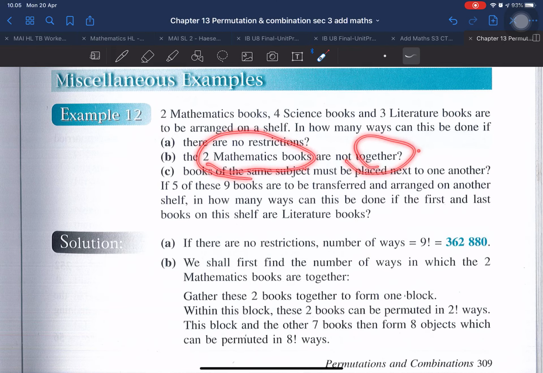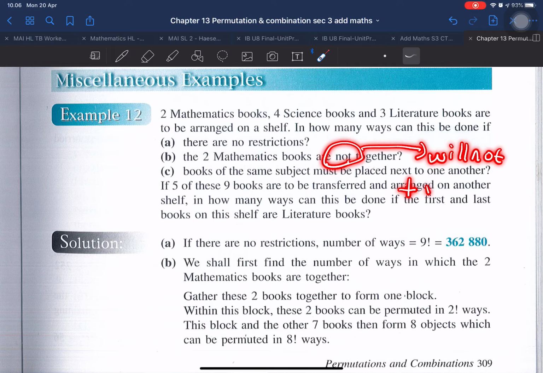So if they are not together, what we have to do is remember that the probability of something that will not happen, if we add it with the probability that it will happen, the total is 1.